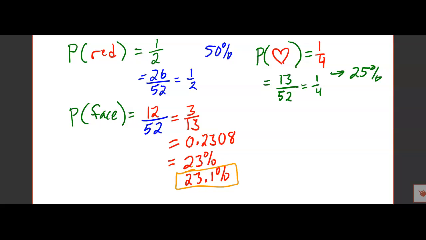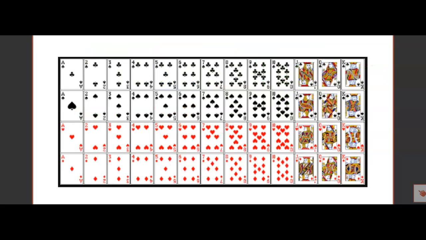One more thing. This is chance of something happening. So nothing's happened yet. So my chance of a face card is 23%. If I then shuffle my deck and I pull out this card here, let's say I just randomly pull the 5 of hearts, well then my actual event was I pulled the 5 of hearts, and now that's what happened.